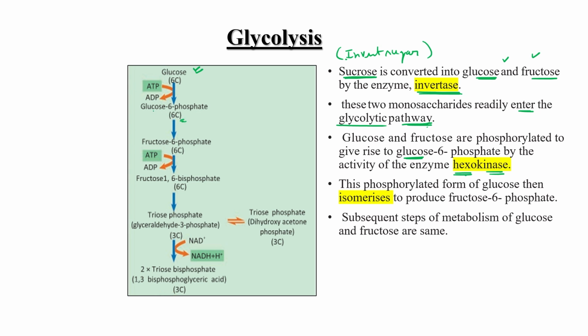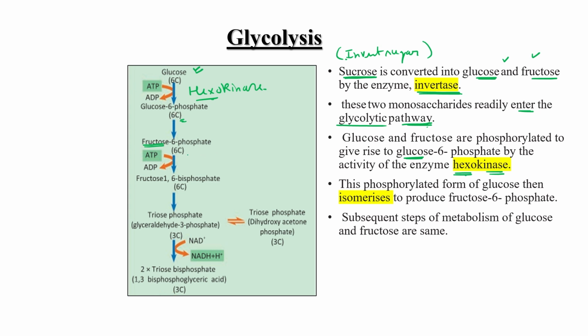That's why it is written over here glucose 6-phosphate in the presence of hexokinase enzyme. Why? Hexa for glucose, kinase means ATP is utilized over here. ATP gives its one phosphate to glucose, and then glucose is further converted into its isomer fructose, so glucose 6-phosphate to fructose 6-phosphate.